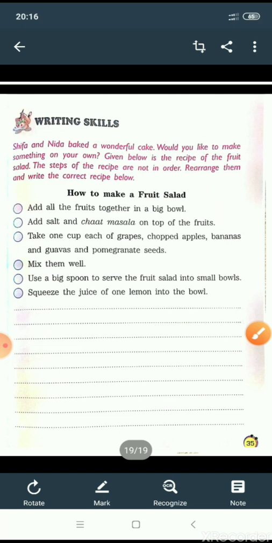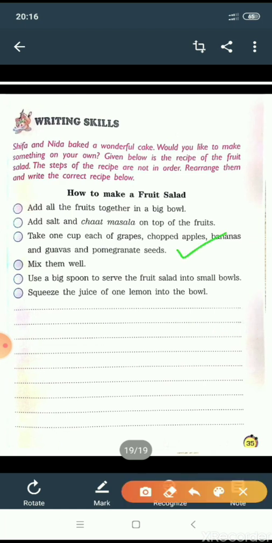So the first one is: take 1 cup each of grapes, chopped apples, bananas, guavas and pomegranate seeds. Second one is add all the fruits together in a bowl.